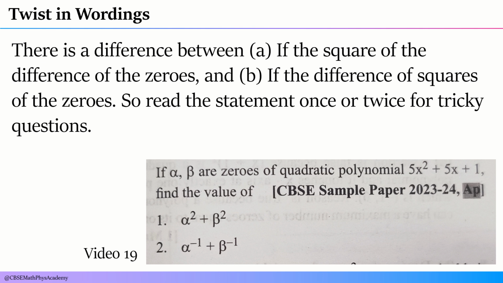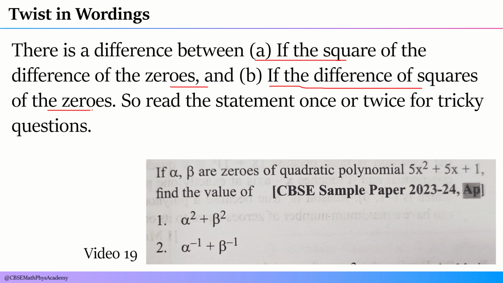Question wordings. Slightly rephrasing the same words can give you a different meaning. The square of the difference of the zeros is one kind of statement. And another kind of statement is the difference of squares of the zeros.